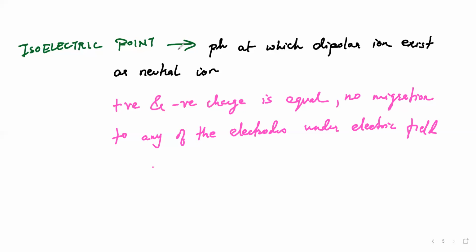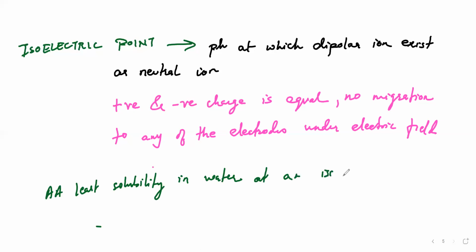Hence, one of the specialities of this term isoelectric point is that those kind of amino acids will have the least solubility in water. Okay, so because of the isoelectric point, these amino acids will have least solubility in water at an isoelectric point.